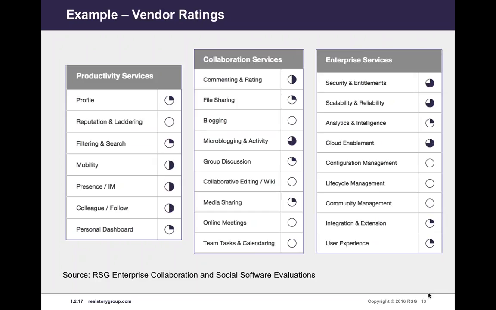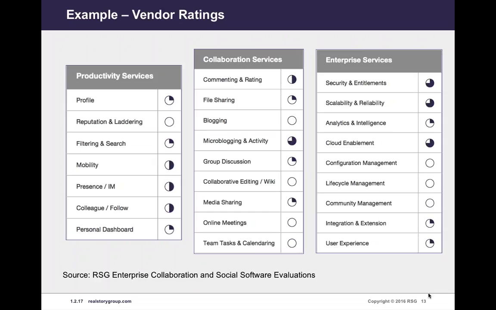I have the rating snapshot for one of the 23 vendors that we evaluate. I'm going to give you the name in a bit, but please do type in if you think you can guess which vendor this is. By the way, we have similar charts and ratings and page-to-page narratives to back this up for each one of the nearly 24 vendors that we evaluate.